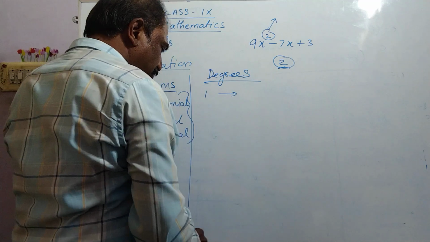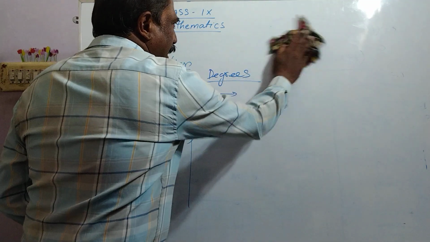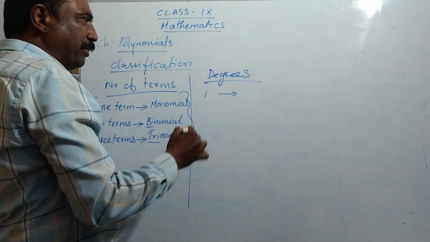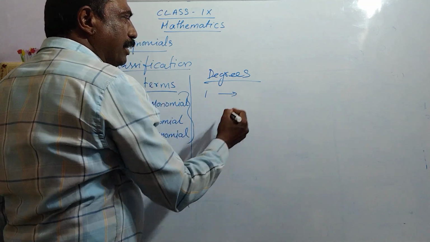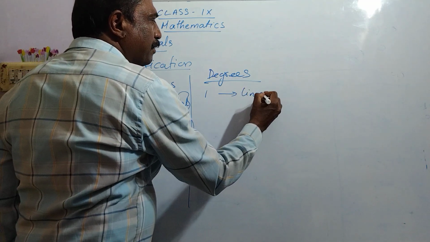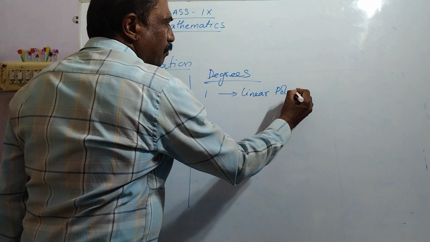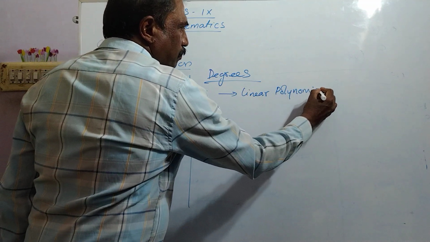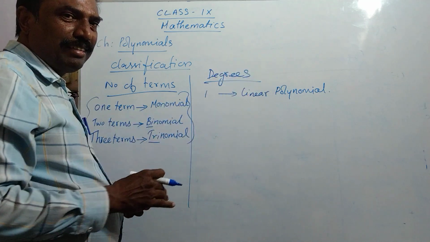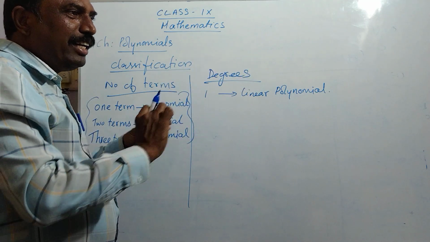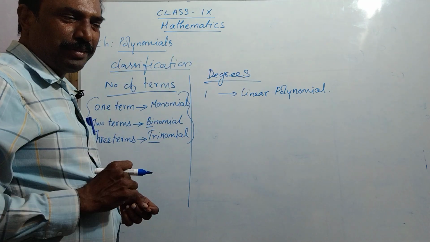If the degree of a particular polynomial is 1, we call that a linear polynomial. Linear means straight. Linear means straight, like linear momentum, which you have studied in physics.